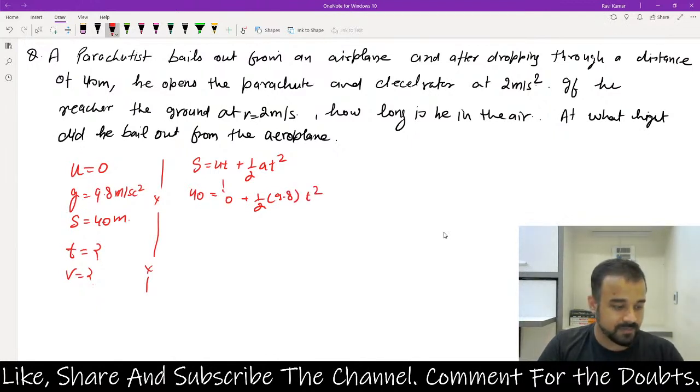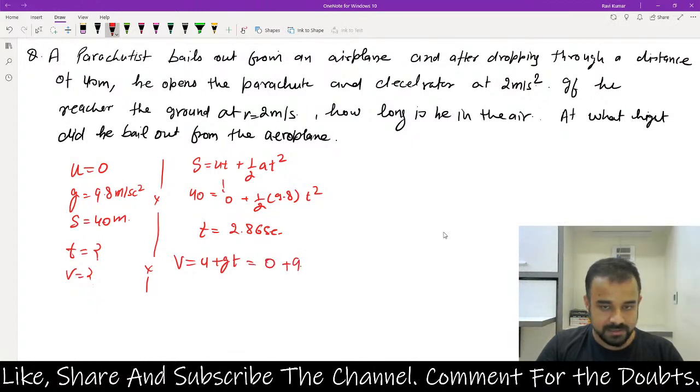So from here we can find out t is equal to 2.86 second. We know that v is equal to u plus gt, that is equal to 0 plus 9.8 into 20 by 7, that is equal to 28 meter per second. So that is your answer.